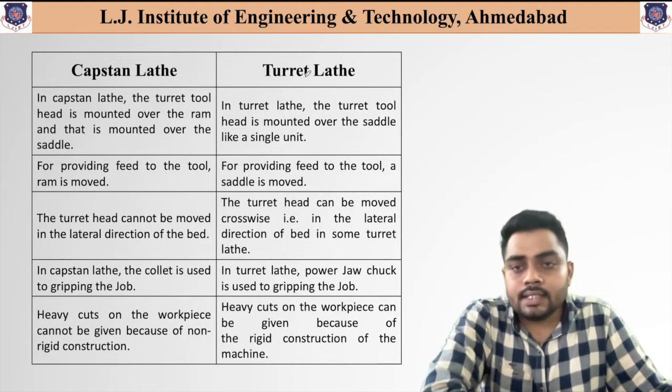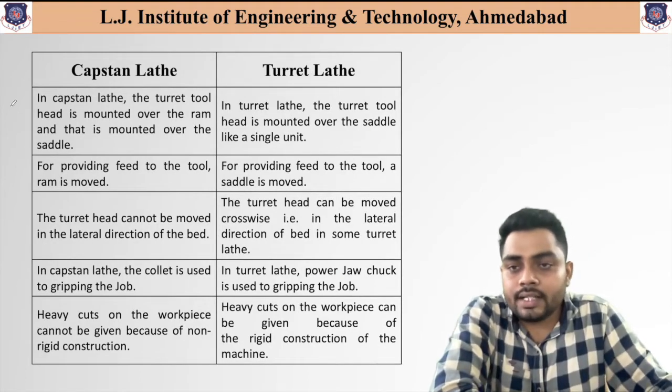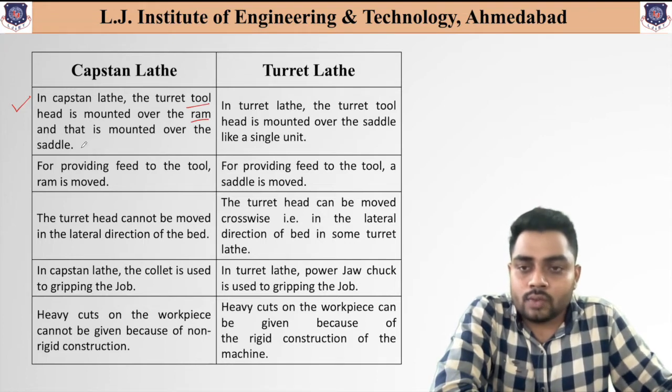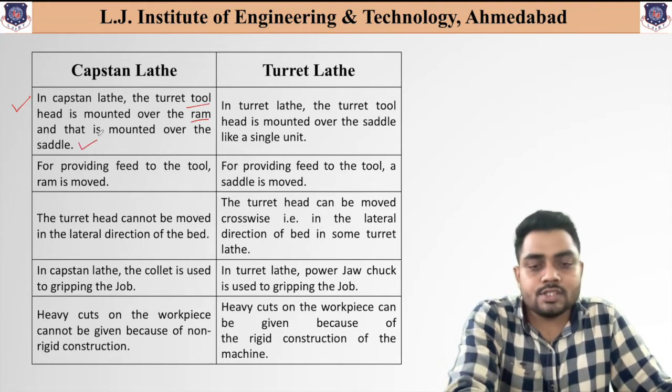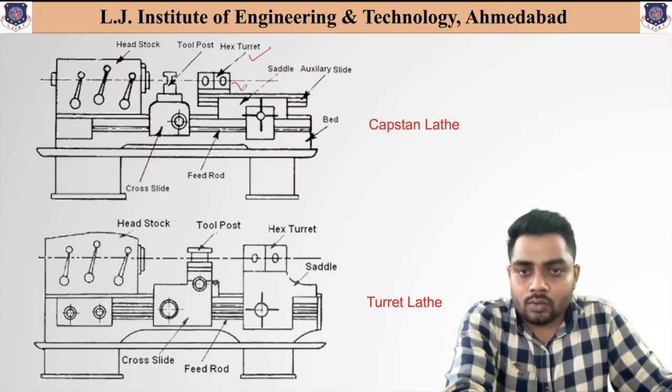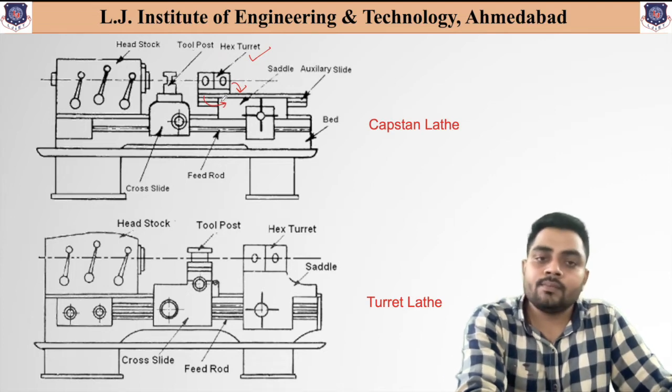So now let us see the first difference indicated over here. As we have seen, in capstan lathe the turret tool is mounted over the ram, right? And this ram is mounted over the saddle. As you can see over here, this hexagonal turret is mounted over the ram and this ram is mounted over the saddle.